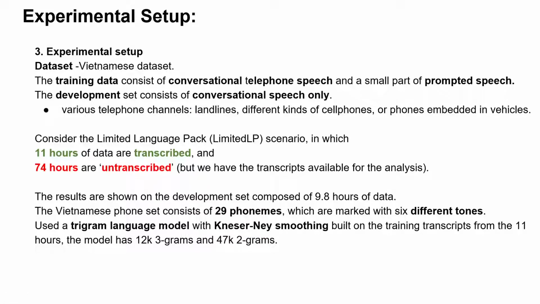Also, for the experiments in this paper, the data was taken from a low-resource language like Vietnamese, and it came from conversational telephone speech. The audio quality was not that good, and part of it was prompted speech. Training was done on both, and the development set only contained conversational speech but not prompted speech.